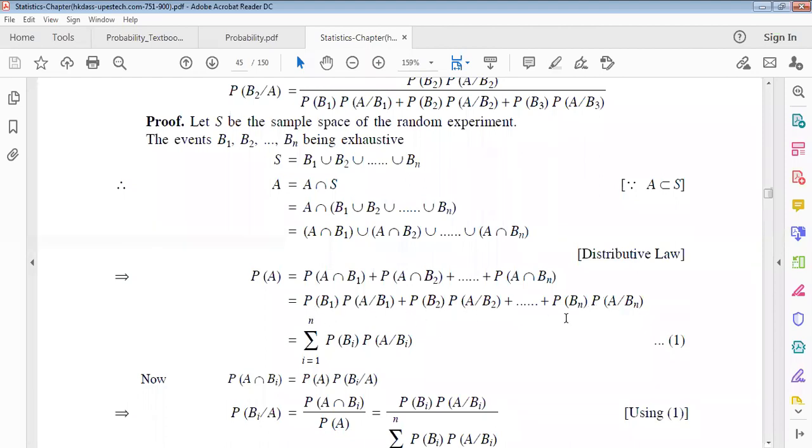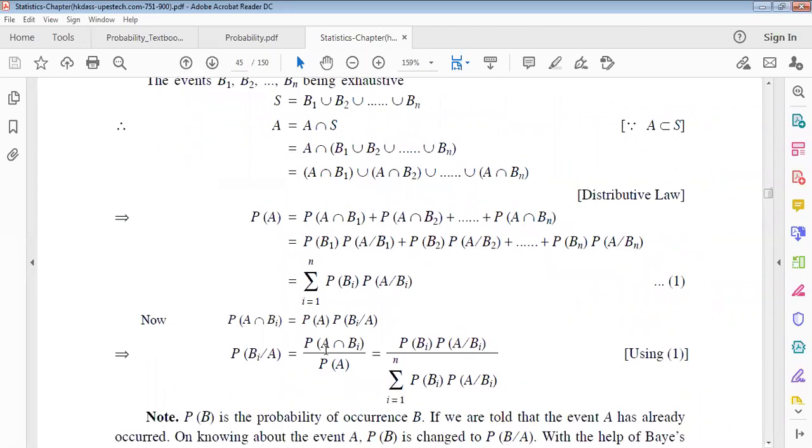We can take this series as the sum for i equals 1 to n of probability of Bi times probability of A when Bi has happened. This is equation number 1.